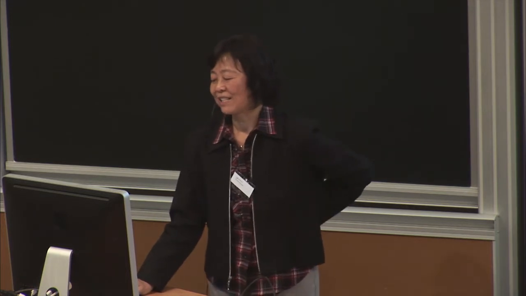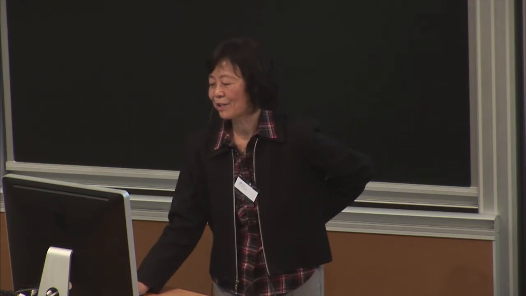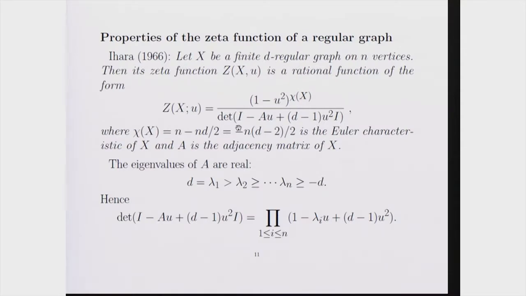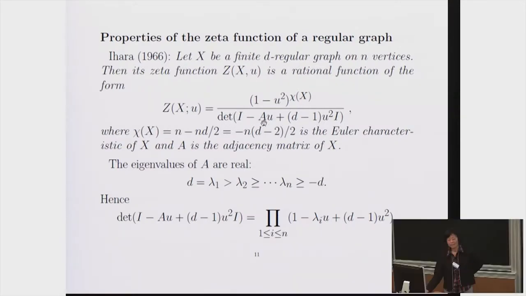Okay. So if I just look at the denominator here, because I'm taking the determinant, I may as well assume that this adjacency matrix is diagonal with eigenvalues on the diagonal entries. So this determinant can be rewritten as a product over the eigenvalues, 1 minus lambda i u plus d minus 1 times u squared. Okay. So the denominator here gives you the spectral information about the graph.